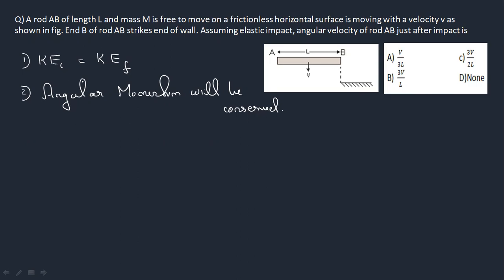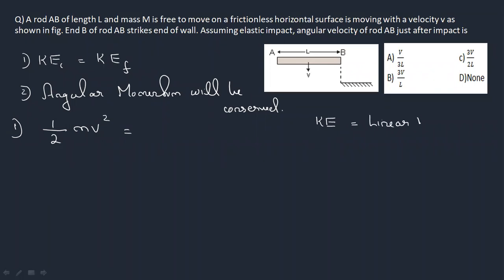In the first case, we take initial kinetic energy equal to final kinetic energy. Initial kinetic energy is half m v square, which is linear kinetic energy.